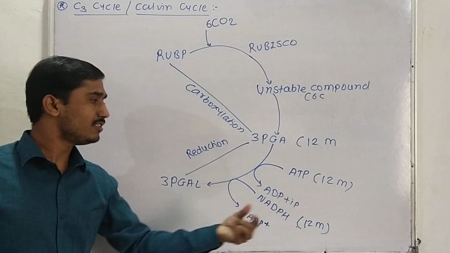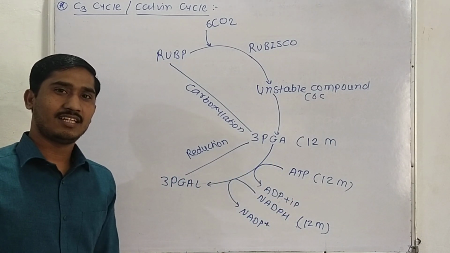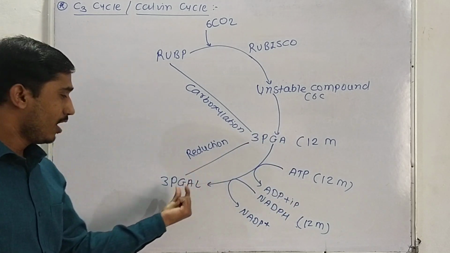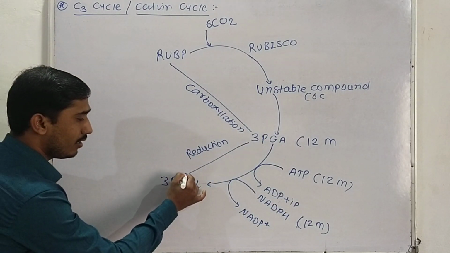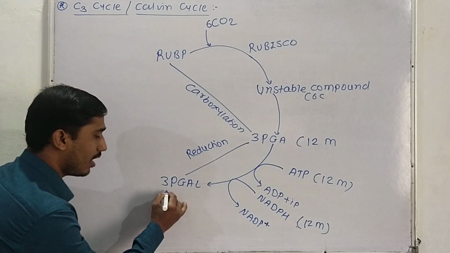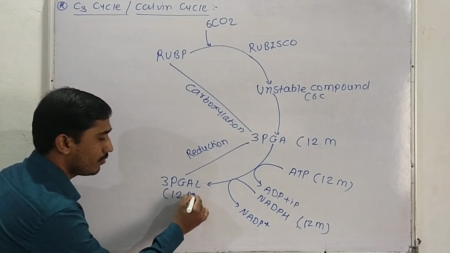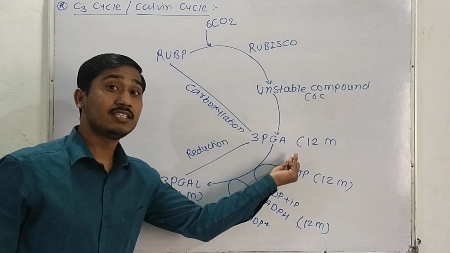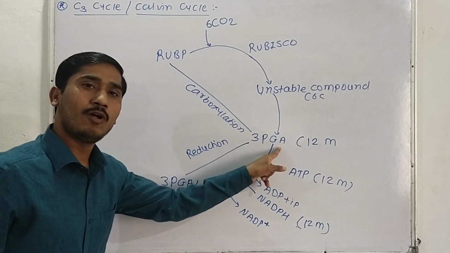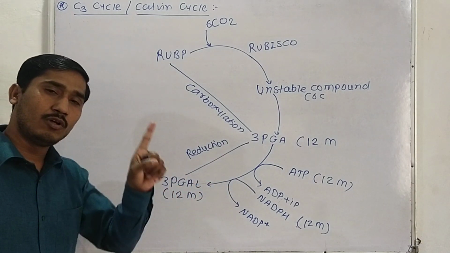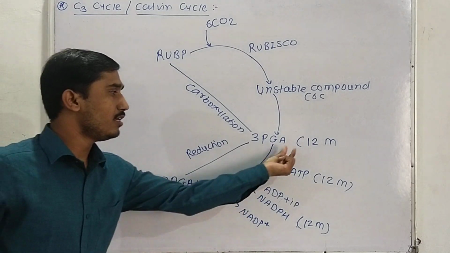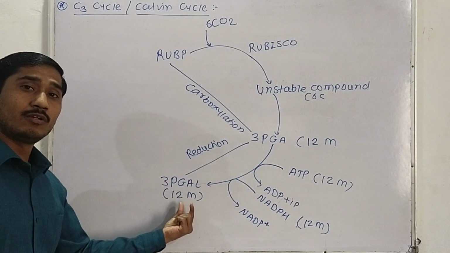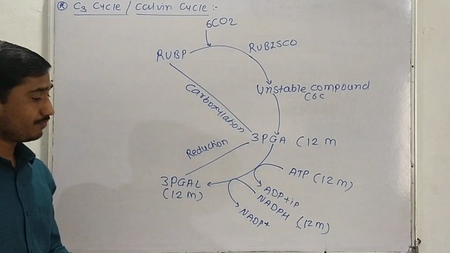Because PGA, utilizing ATP and NADPH, receives something. That's why it is called reduction. Now, at the end of reduction, there is a formation of 12 molecules of PGAL. Initially I said from 1 molecule of PGA, there is a formation of 1 molecule of PGAL. Here 12 molecules of PGA are there, so 12 molecules of PGAL will be produced.